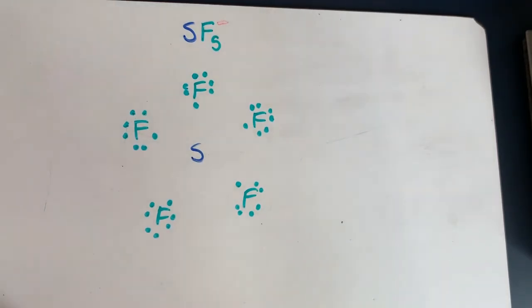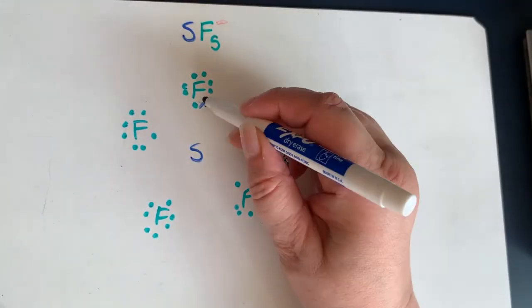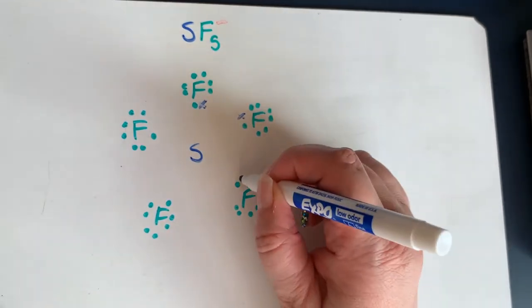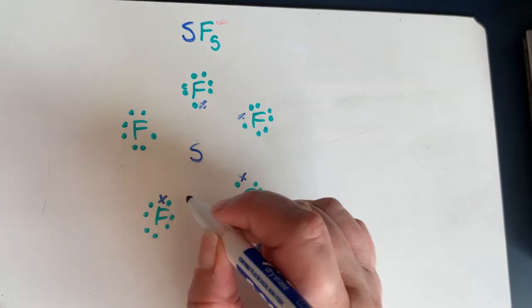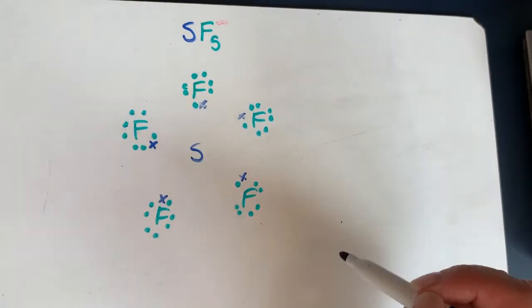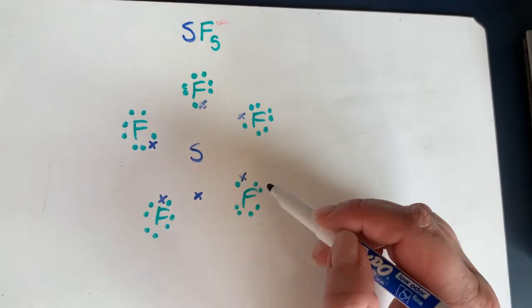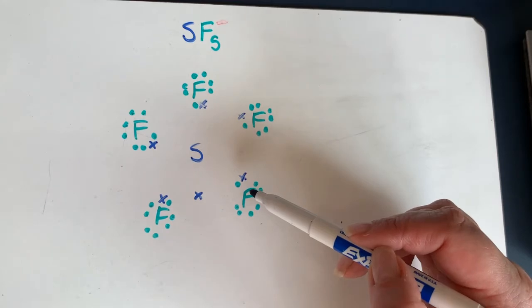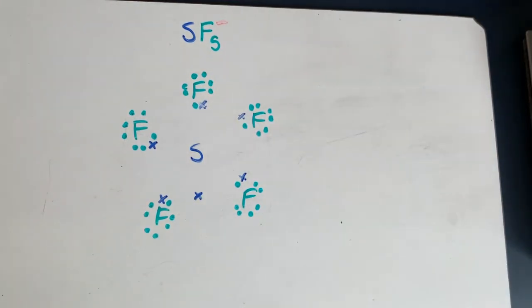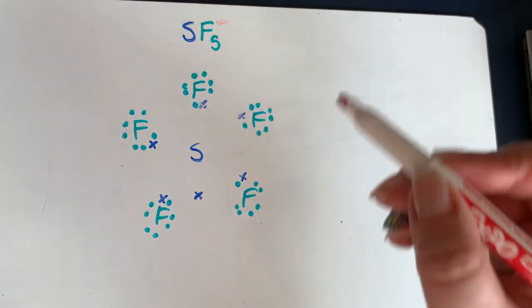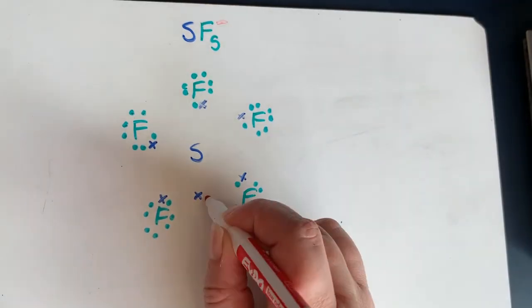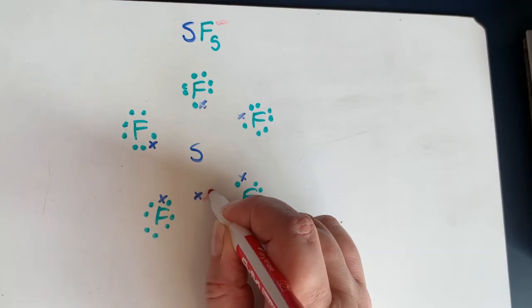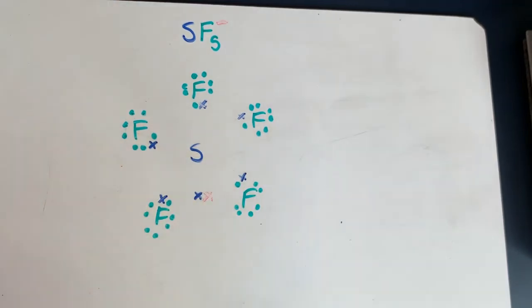Now if we put in sulphur's 6 valence electrons, we're going to have one here, that's 2, number 3, number 4, number 5, and then we've got one that can't go into one of these bonds because these bonds now have both electrons, so they're complete. And the last electron we need to deal with is our negative charge from here, which will pair up with that sulphur.